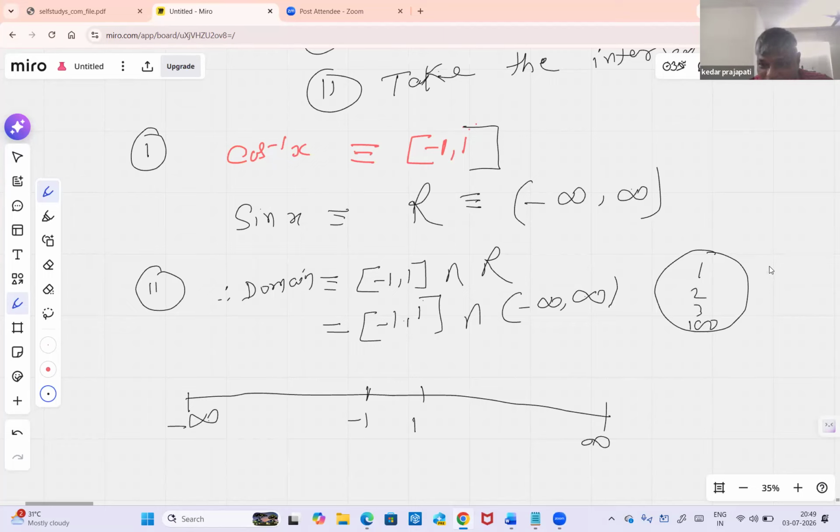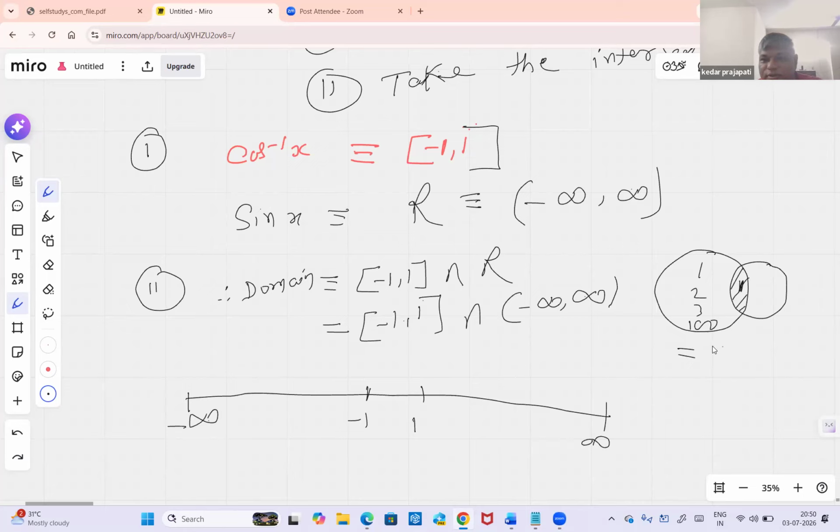And in another circle, only 1 is there. So what will be their intersection? 1 only, no. This is common. Common is 1.